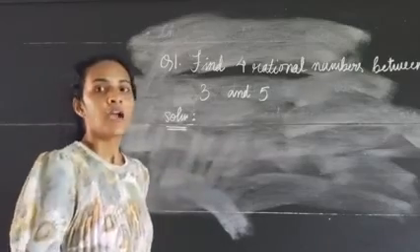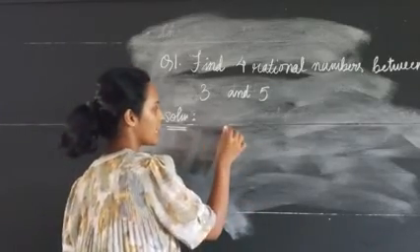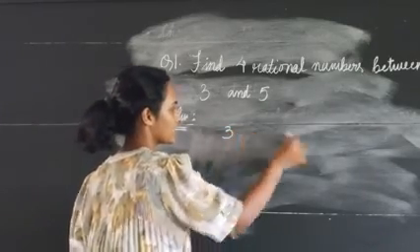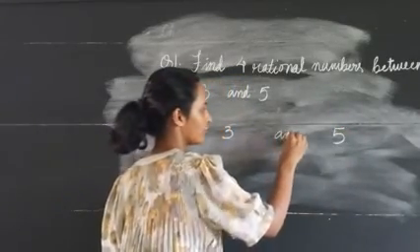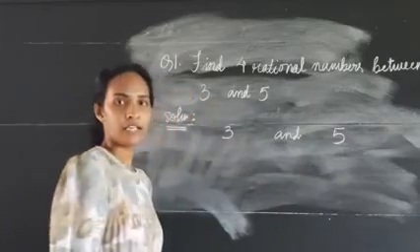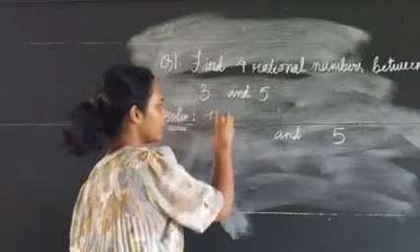So, how do we check? First, we check whether the denominators are same or not. What are the given numbers? 3 and 5.